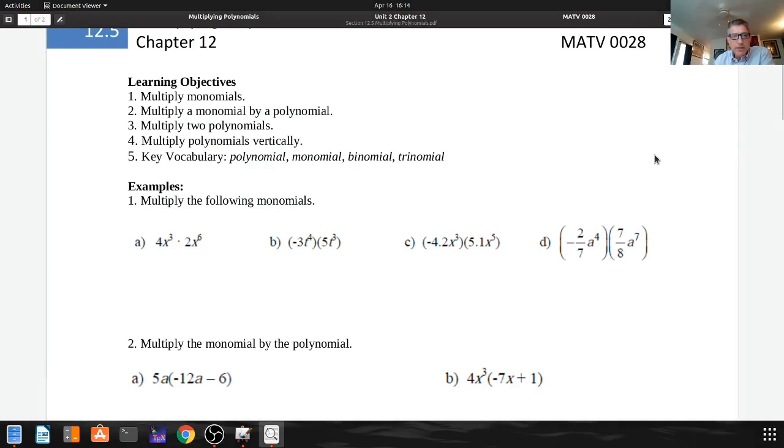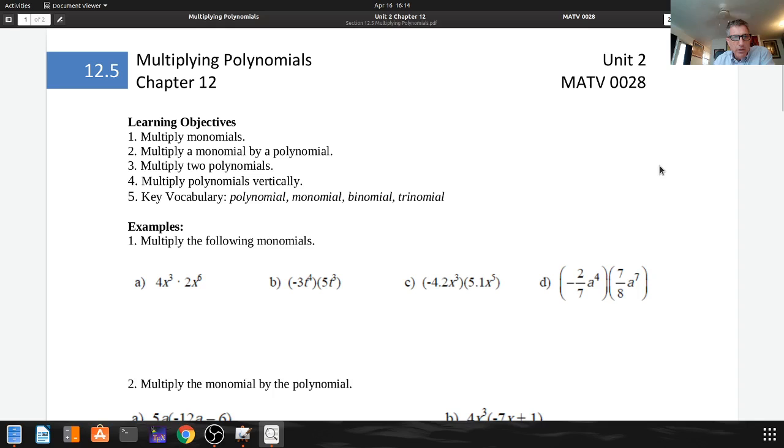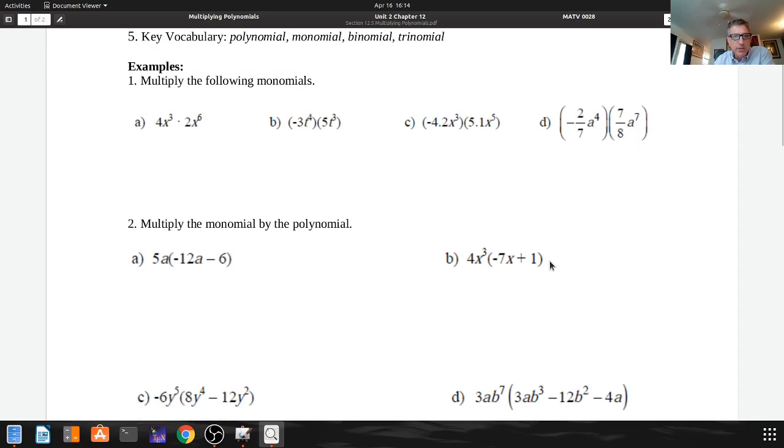Okay, let's go ahead and start chapter 12, where our main goal is going to be multiplying polynomials. And you already know what a polynomial is, and a monomial, and a binomial, and a trinomial. Again, those haven't got anything to do with the degree of a polynomial. It's just a classification based upon the number of terms.